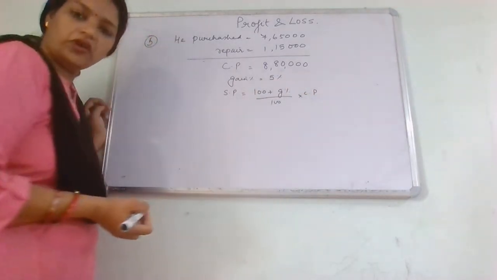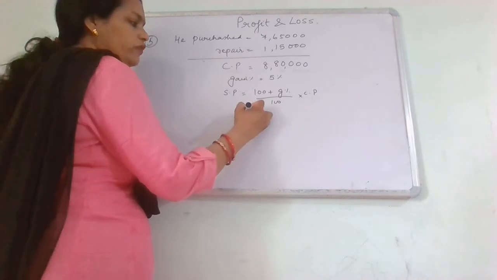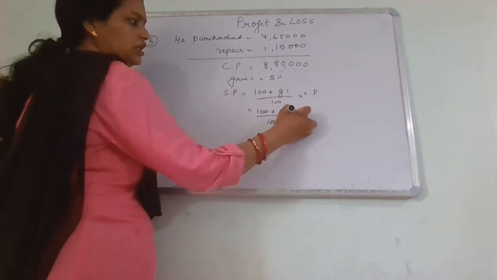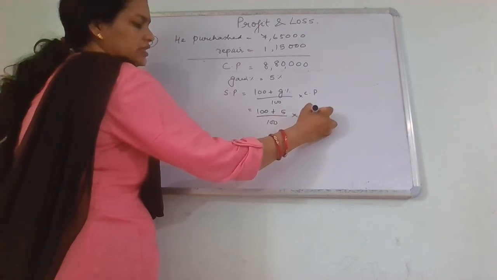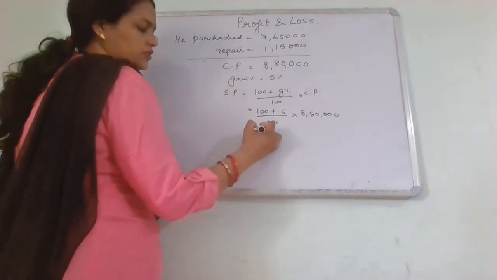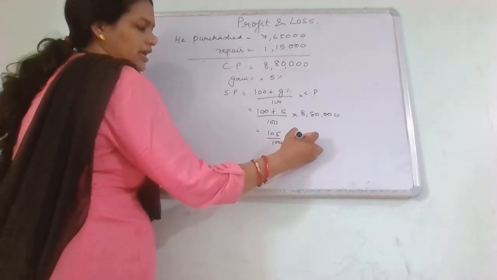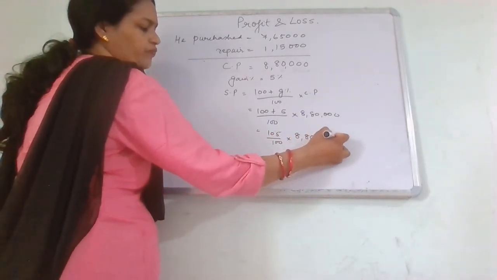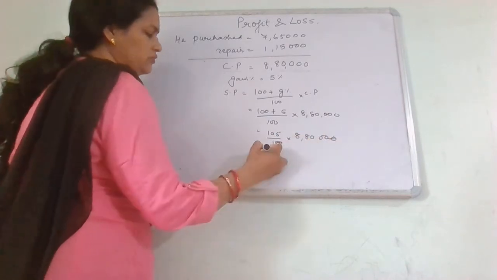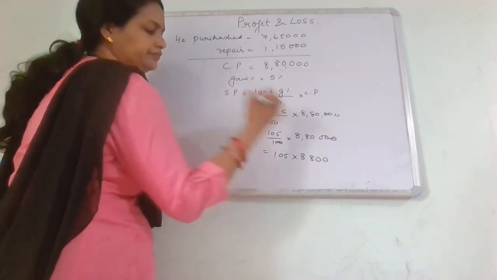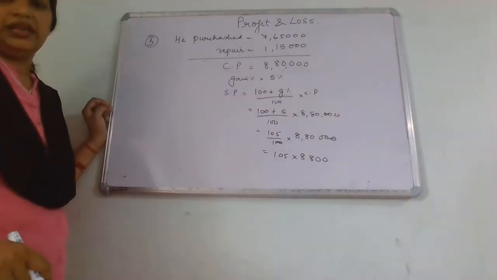Put the values: 100 plus 5 upon 100 into 8,80,000. So this is 105 divided by 100 into 8,80,000. Now calculate it and you will get the required answer. Okay. Next one.